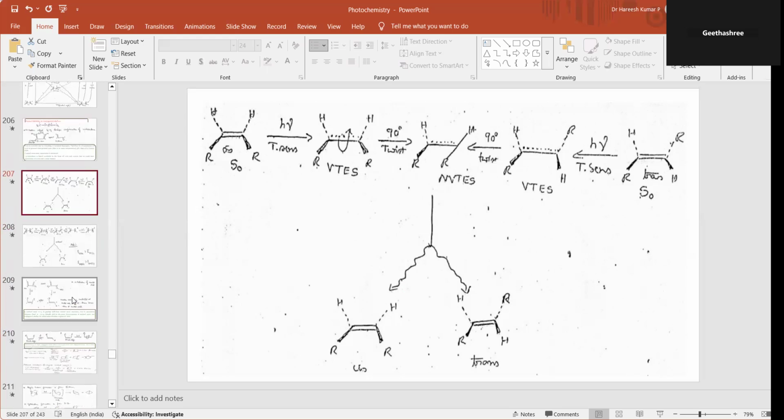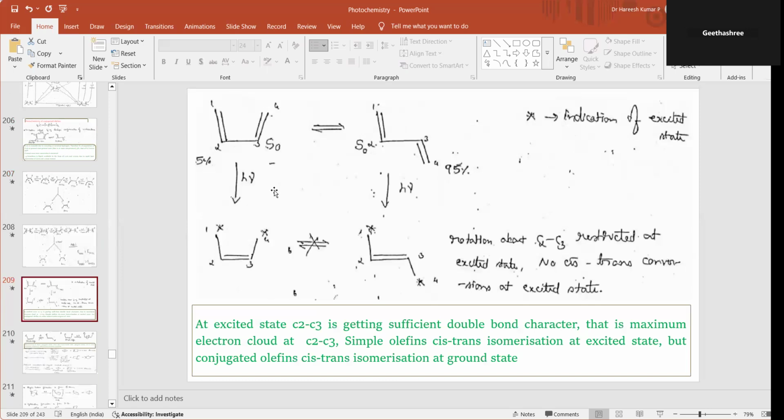Here I am taking the example ground state one, excited state one, but from cis one only a less amount of the trans product is possible, not the more quantity. Cis and trans can be converted in presence of light, a photochemical reaction.